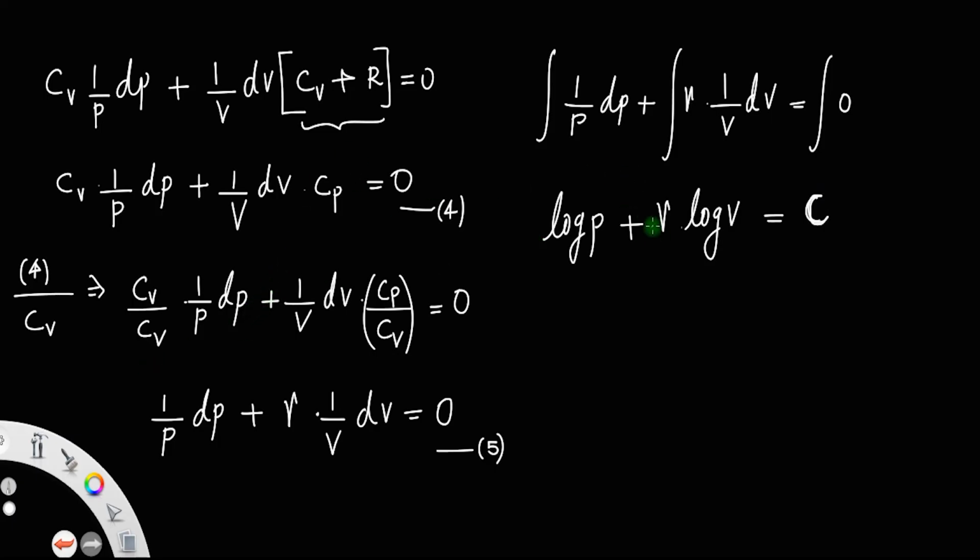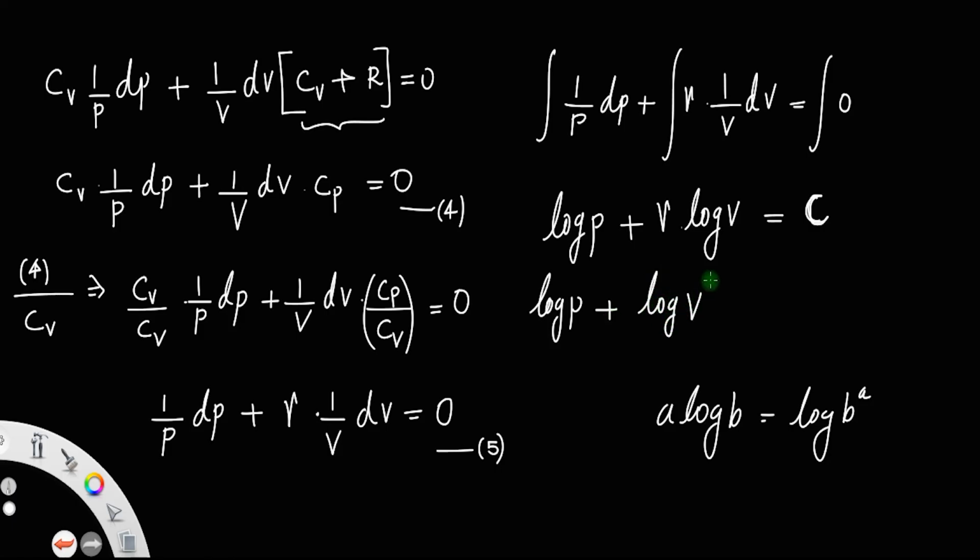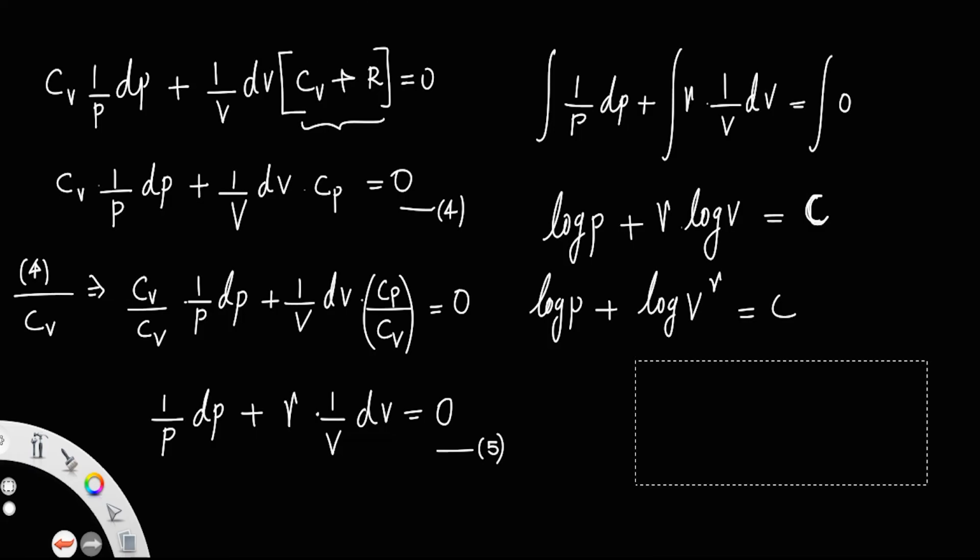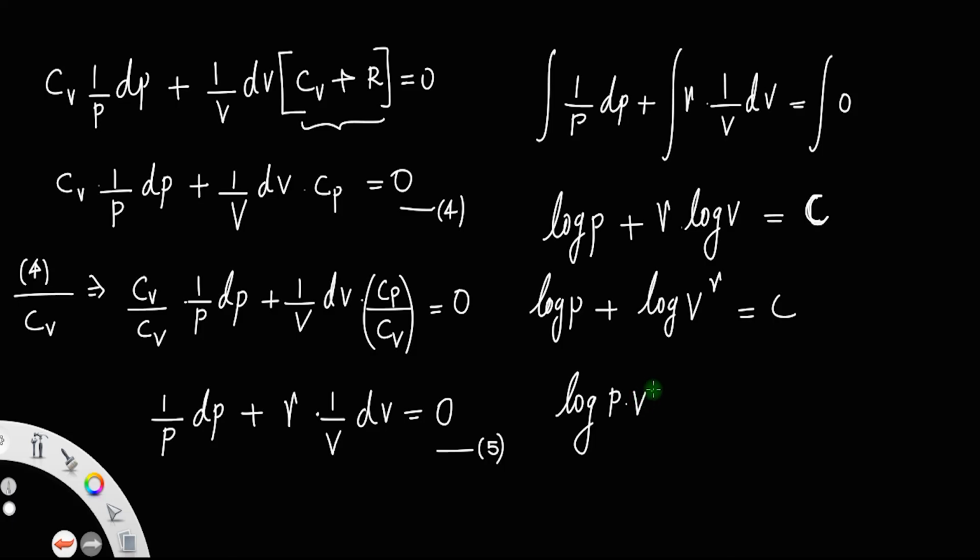Since you have a log, you can take this gamma to the power of V, so gamma log V is log V raised to gamma. Similarly, log P plus log V raised to gamma equal to C. Also, log A plus log B equal to log AB. Therefore, this will be log of P V raised to gamma equal to C.